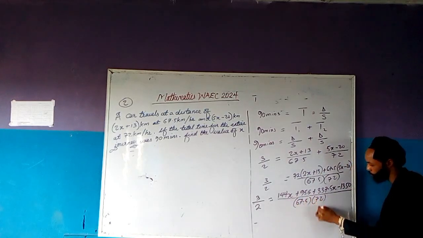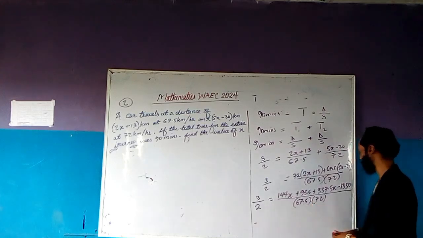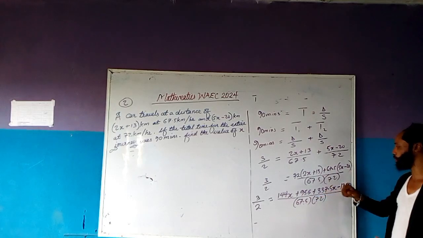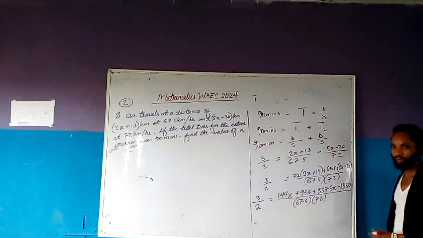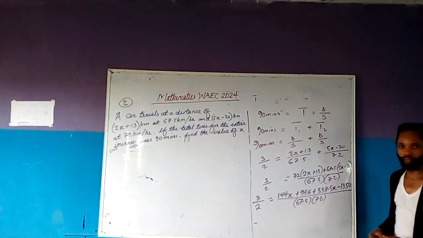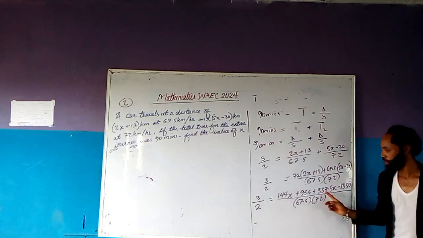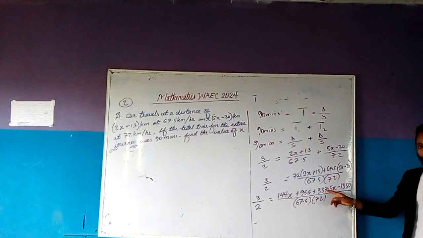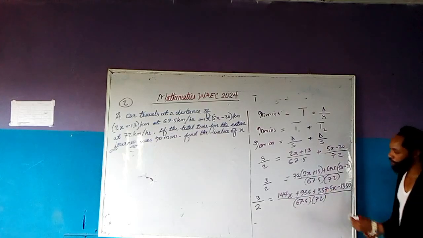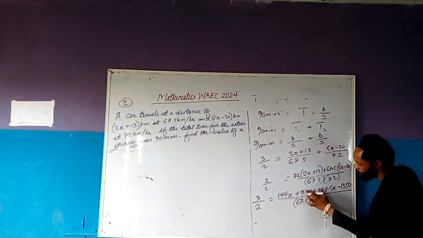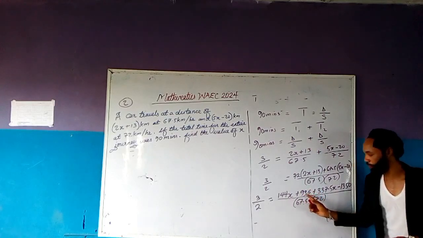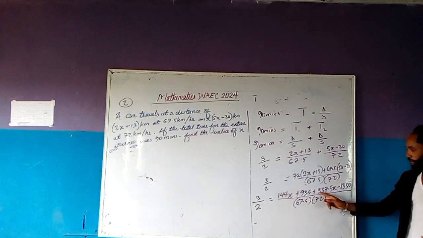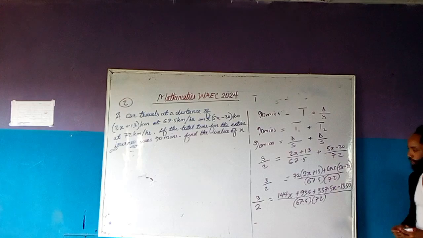Alright, let's collect like terms here. 144 plus 337.5, what do we have there?